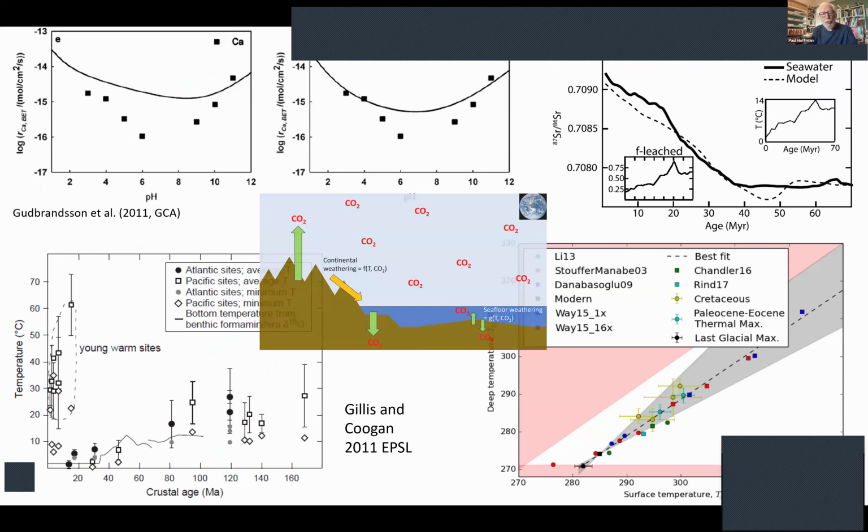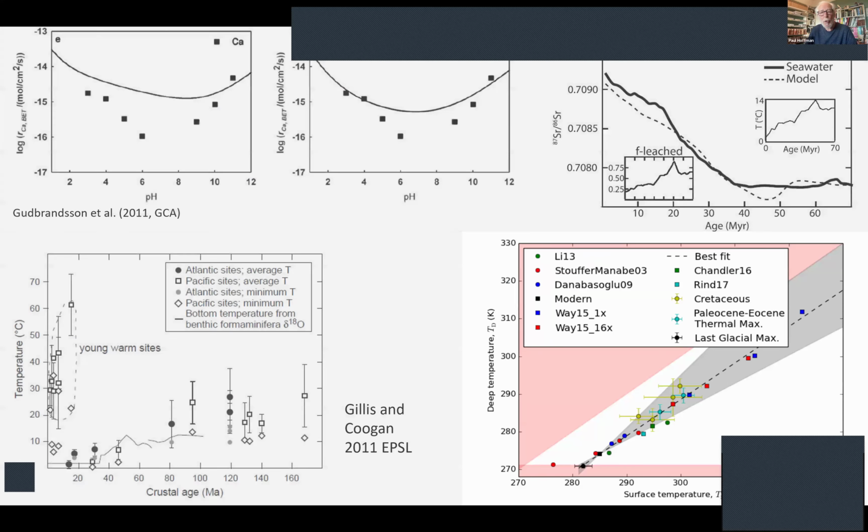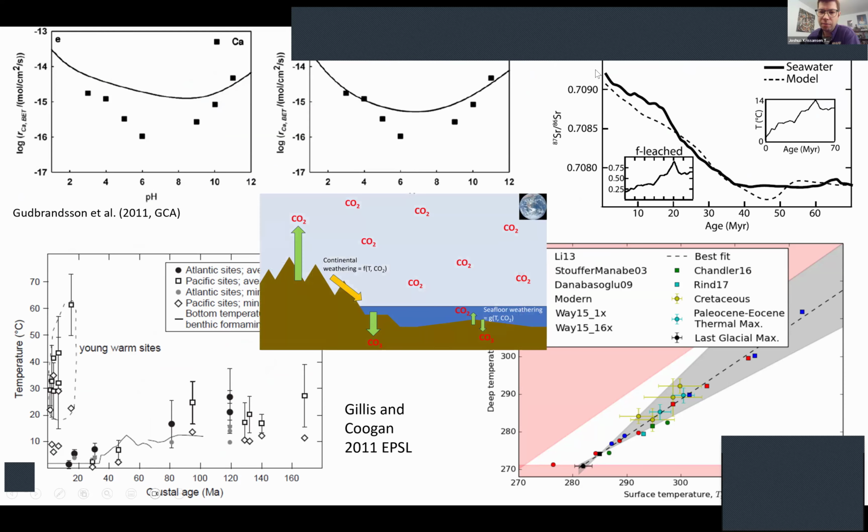And that's in the Coogan and Dosso paper. I skipped over this sub-figure here, but I think this is what you're talking about, this change in strontium isotopes. Exactly, yeah, upper right. It reflects the temperature dependence, and you require quite a strong temperature dependence of seafloor weathering to recreate that strontium isotope evolution.